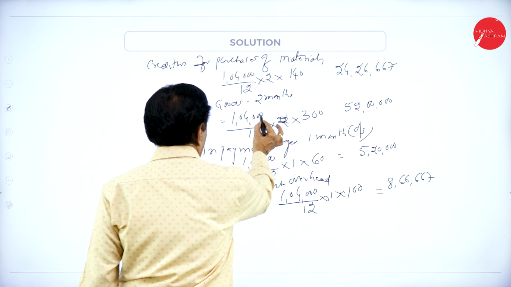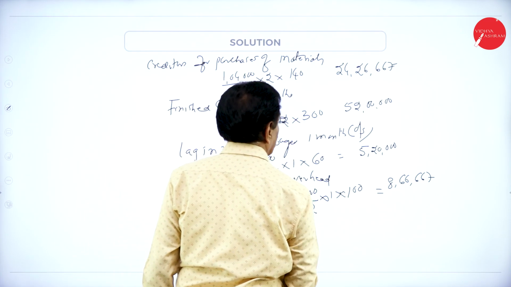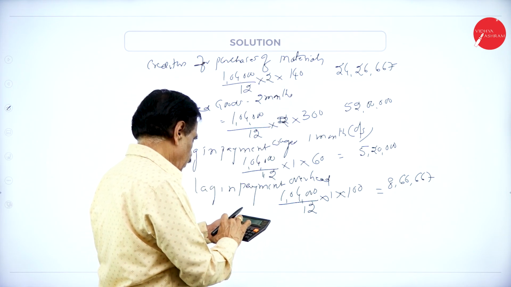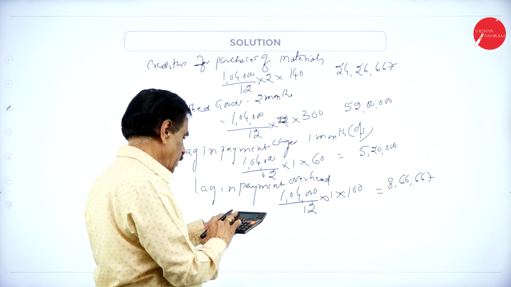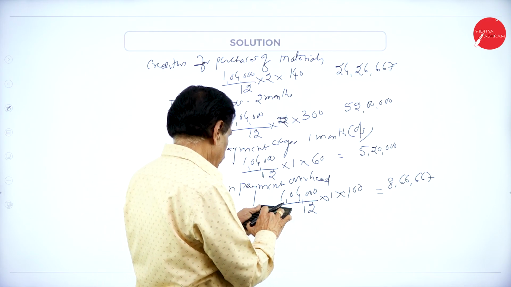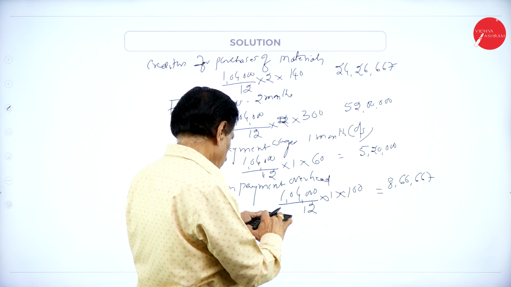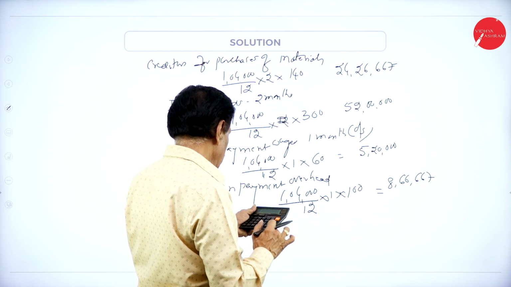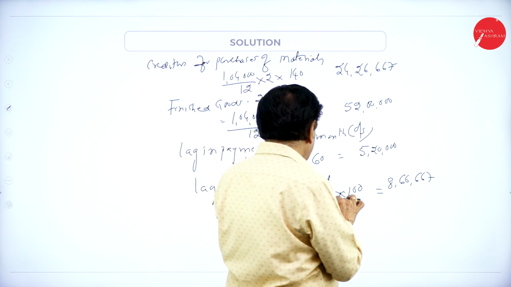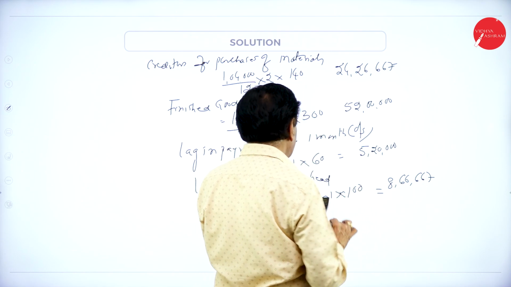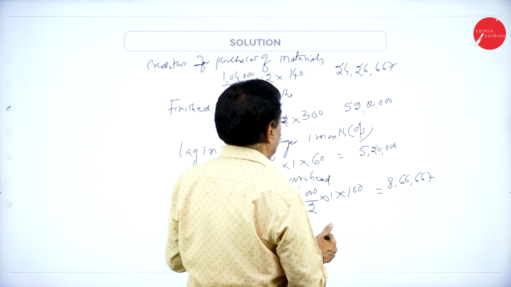Finished goods 1 lakh 4,000 divided by 12 into 2 into 300. 51 lakh 99,999. So say 52 lakh.